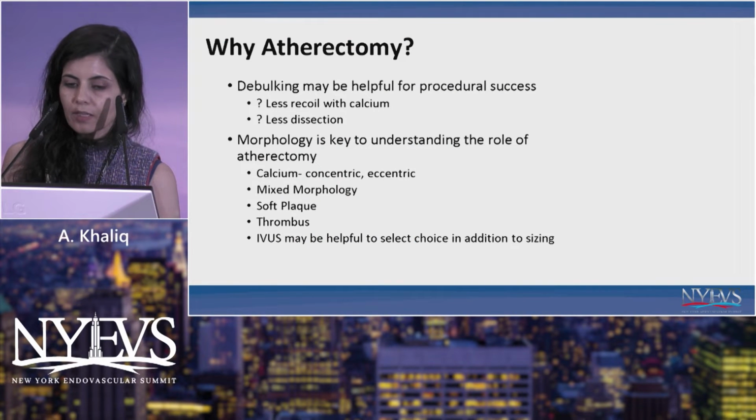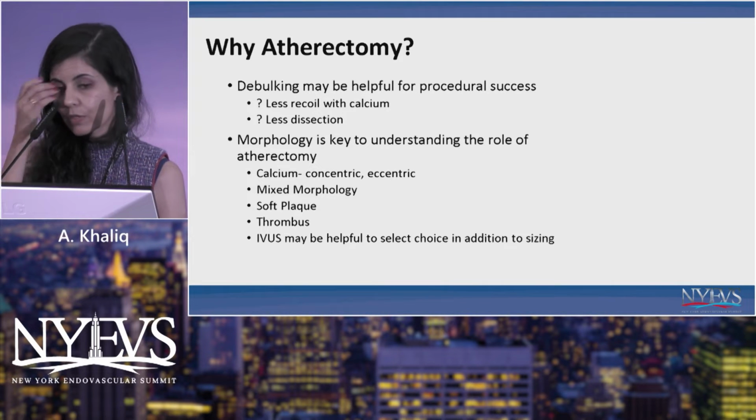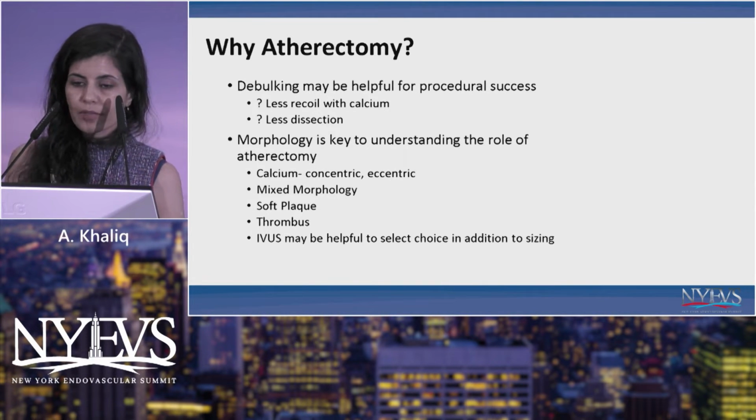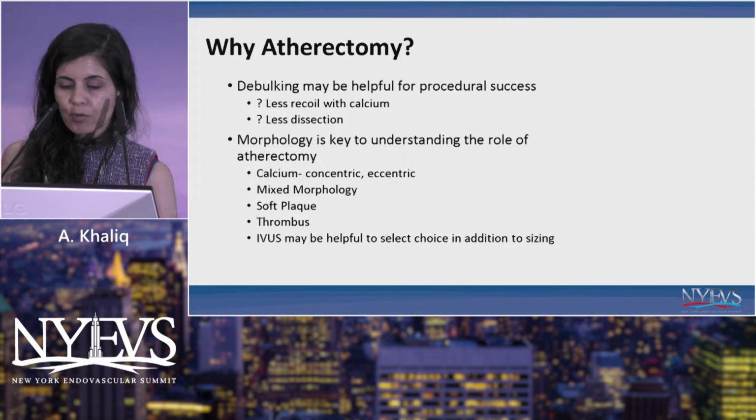Okay, so again, just belaboring the point here, why we need atherectomy is because of calcium, there's more recoil, and atherectomy, like we showed, is associated with less dissections. And again, with different plaque morphologies, soft as well as associated thrombus, we may need different types of atherectomy devices. Next.